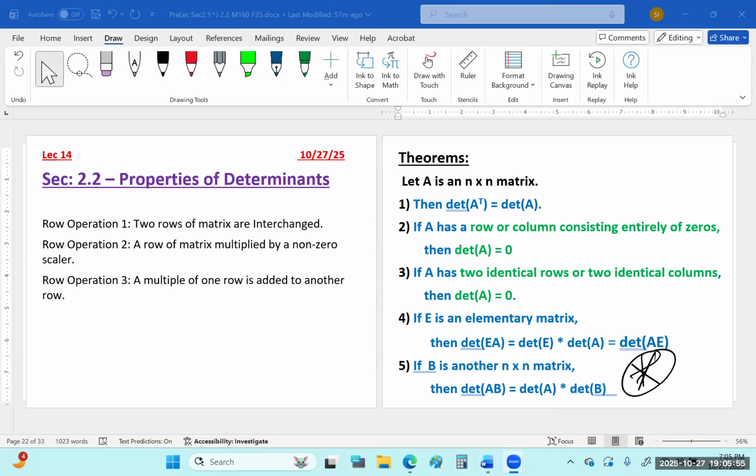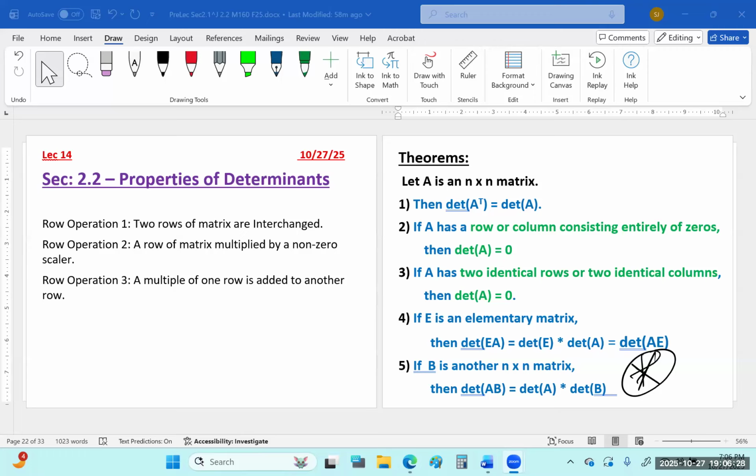If you multiply a matrix either on the left or on the right, it doesn't matter, by an elementary matrix, then the determinant of the product is the product of the individual determinant. So determinant of EA is same as determinant of E times determinant of A, which is same as determinant of AE. So AE and EA, they are same because E is an elementary matrix.